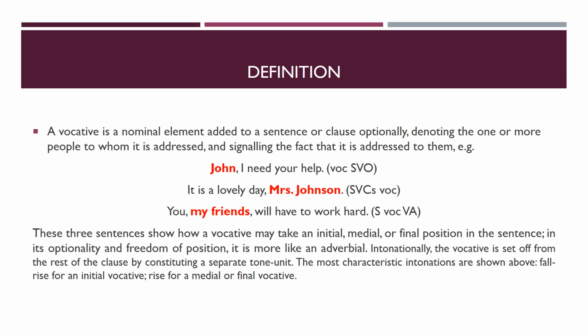To the person or the people that we are talking to, and signaling the fact that it is addressed to them. And also, by adding the vocative to our clause, we intend to attract the attention of the people whom we are talking to, that this sentence is said to them in particular and not to someone else.